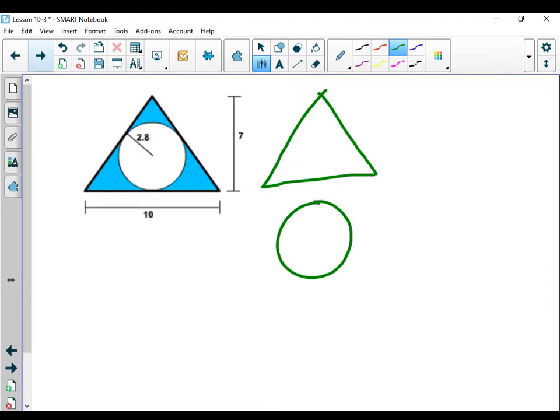What do we know about the triangle? The base is 10. And one more thing for a triangle. Triangle? Allie, what a smart girl.